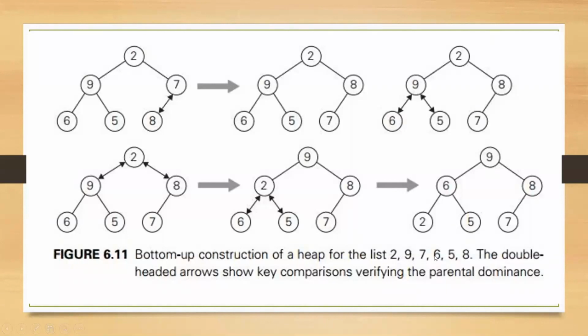And the second step is heapify. Heapify means starting from the last parental node till the root node in the reverse order, you have to check the parental dominance for each parental node. Once you do that, in the last step you will get the heap.